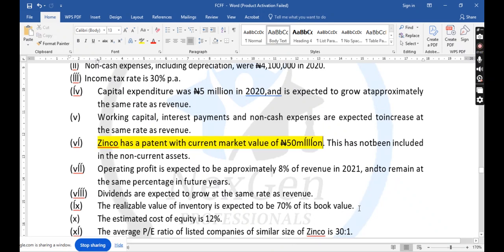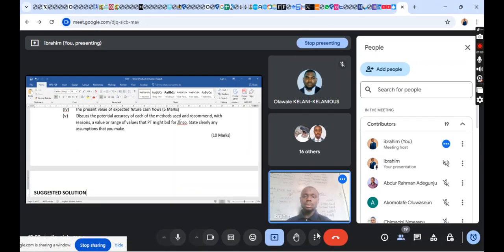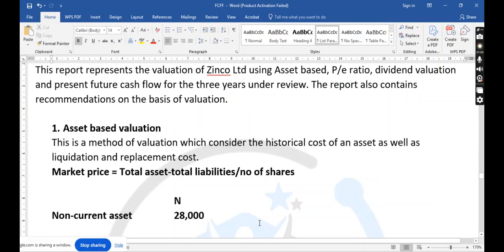The next one is 70% of the book value. We'll do that one now. So we need to add 50 million to this. Let's say this in million.